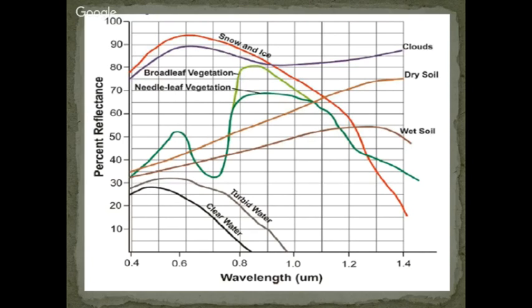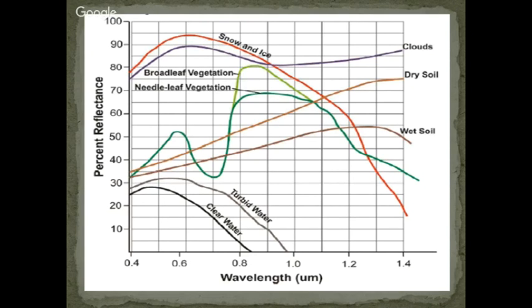But again, these are standard curves. It does not mean that every soil will reflect in the same proportion, but the orientation of the curve will remain the same. In the case of dry soil, for example sandy areas and desert areas, the curve will remain the same, but the proportion of energy reflected will vary.